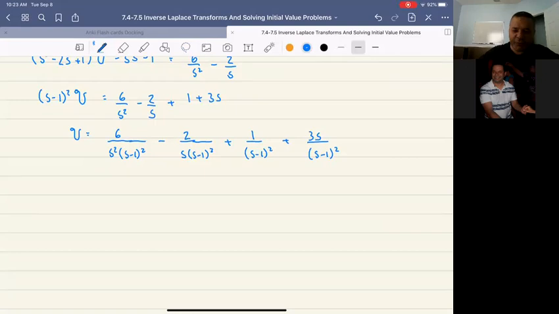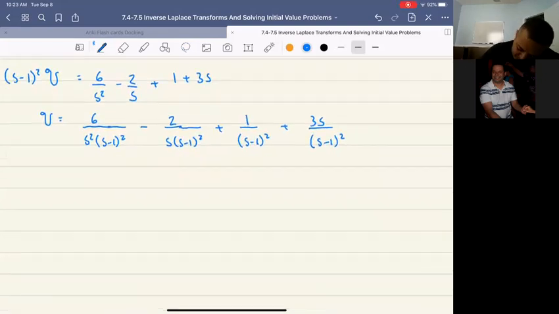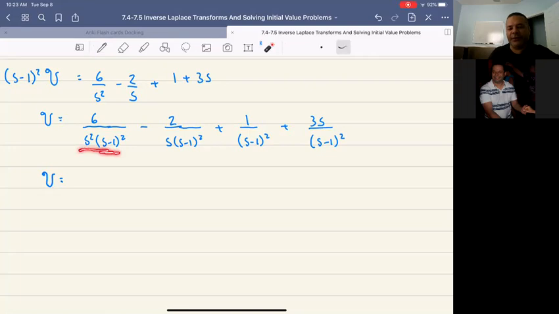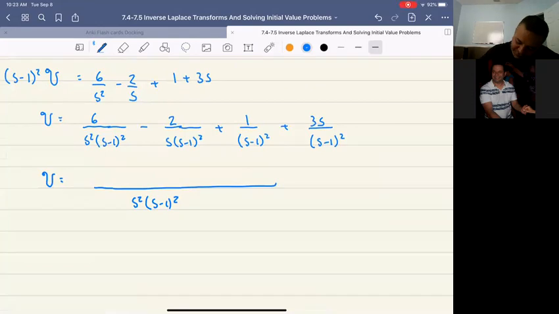So my u is now over a common denominator of s squared s minus 1 squared. So I'm going to write s squared s minus 1 squared, 6. What was missing here? An s. That's going to be minus 2s. What's missing here? S squared.